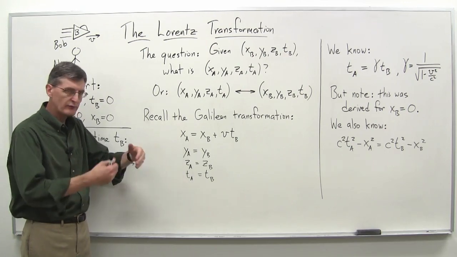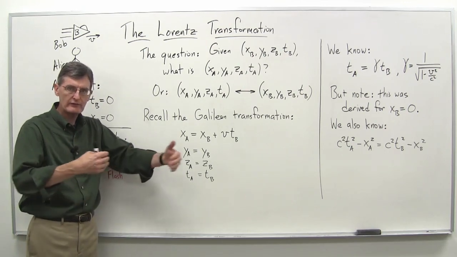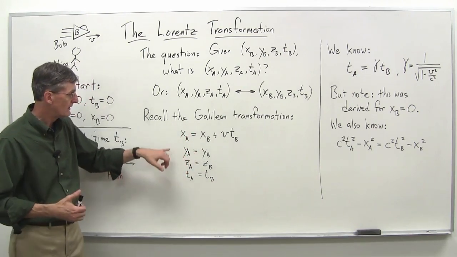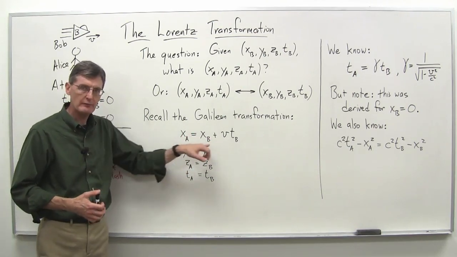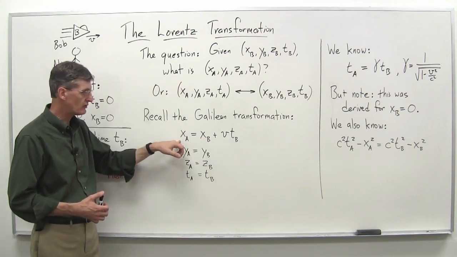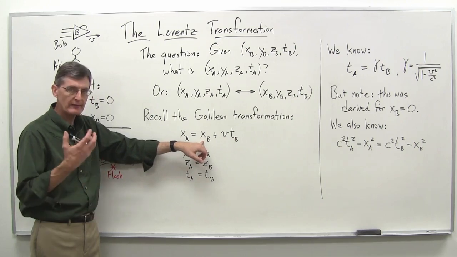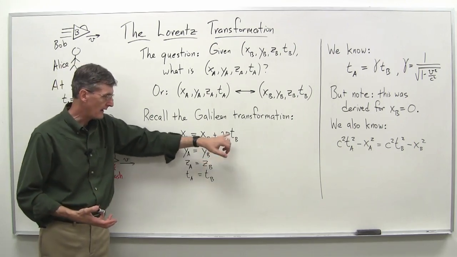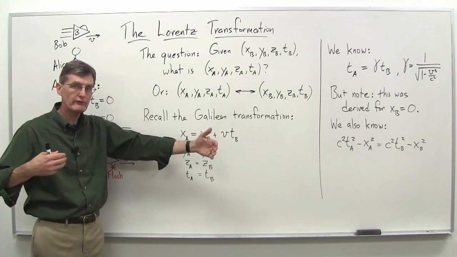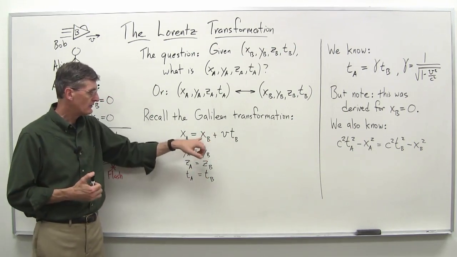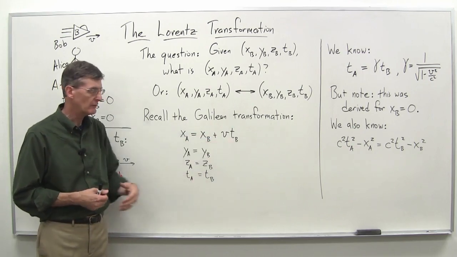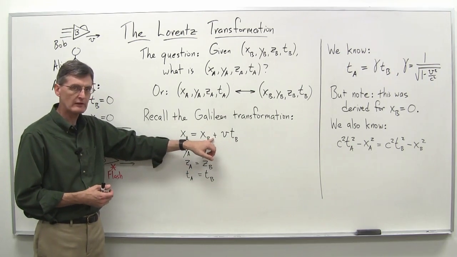Simply, if we have two inertial frames of reference in relative motion with respect to each other, so constant velocity motion, and we'll use, again, Bob and Alice here, Bob moving to the right, Alice stationary. If Bob measures something at coordinate x sub B and time t sub B, then Alice can find out where that is in her frame of reference by taking the x coordinate of Bob and adding v times his time. And note the plus sign here.